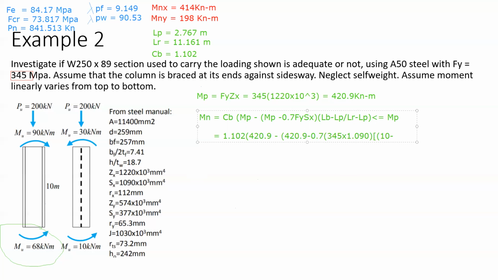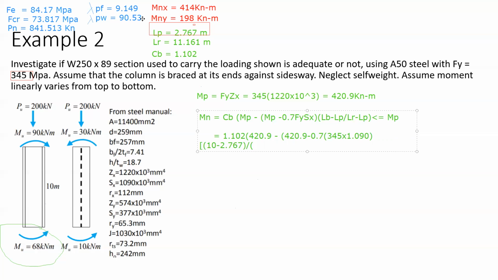Minus yung LP natin, itong sinolve natin dito. If you remember, this is your value of LP, 2.767. Ayan. So, minus 2.767 divided by, again, your LB, the length of the beam, that is 10.